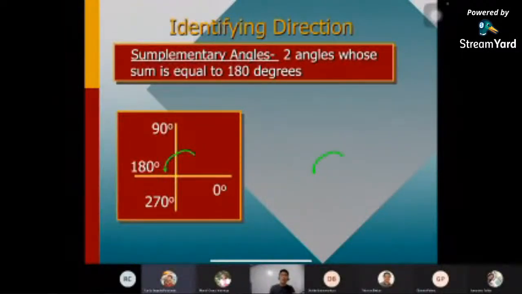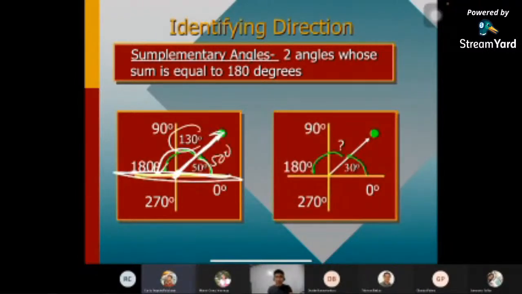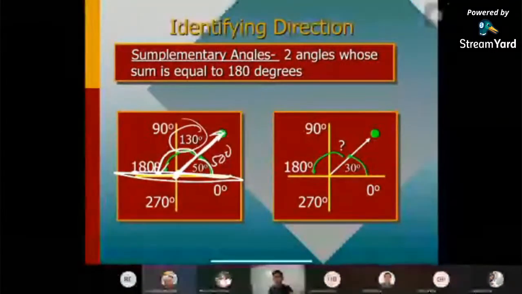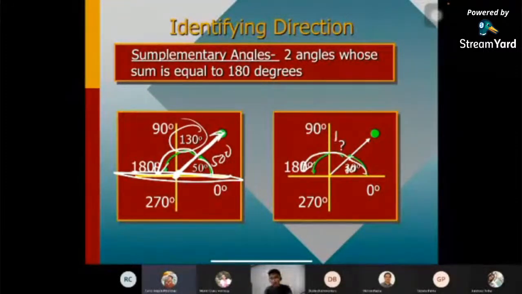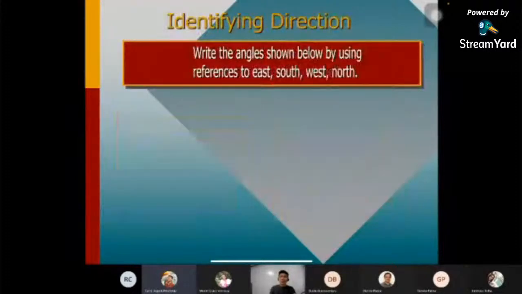If you have a straight line and a terminal side here, the angle 30 here can form a straight line by adding 150 to get the 180. So 30 here will form a straight line if you add an angle with 150 degrees. No? So that's supplementary angle for us.